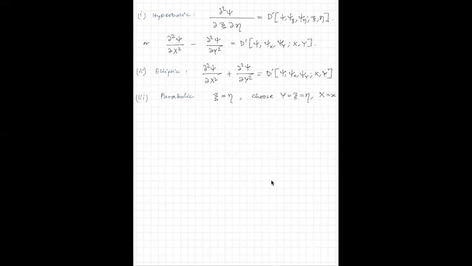Then the equation is going to look like del 2 psi by del x squared is just D prime of this guy again. So that's what we have now.